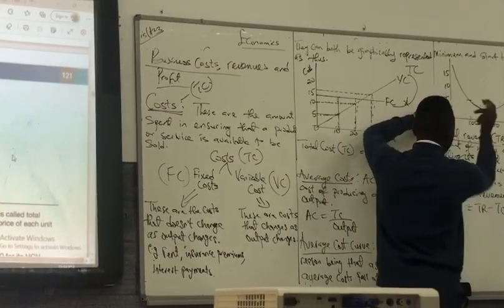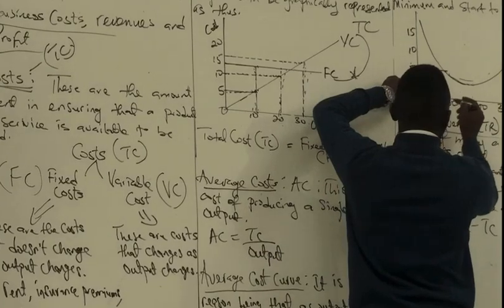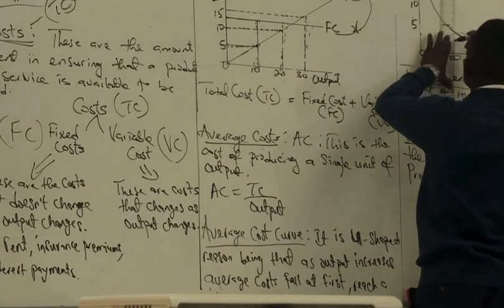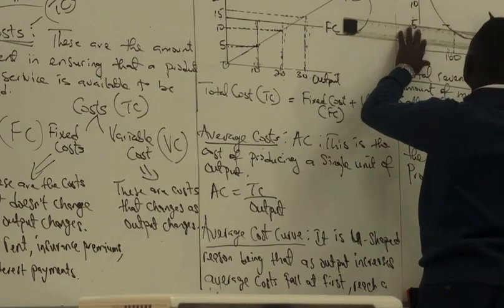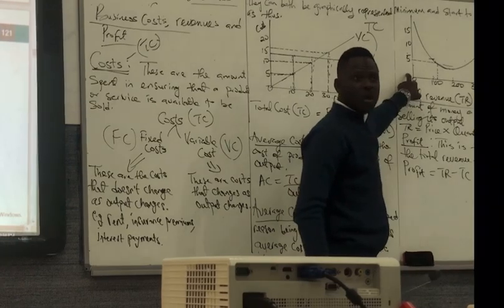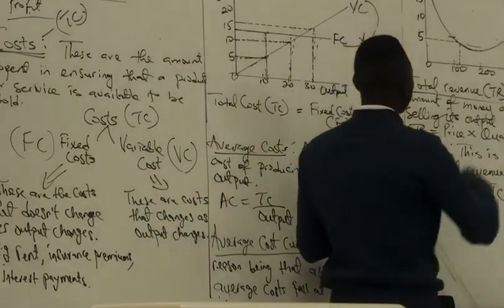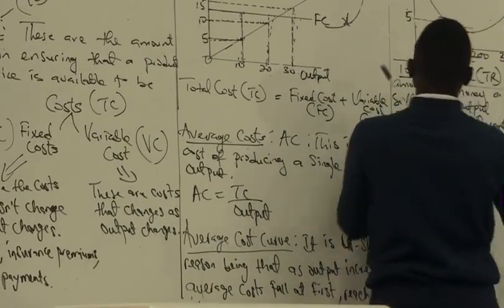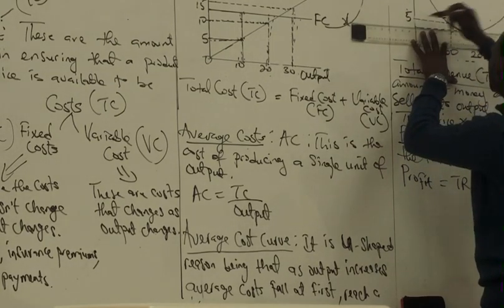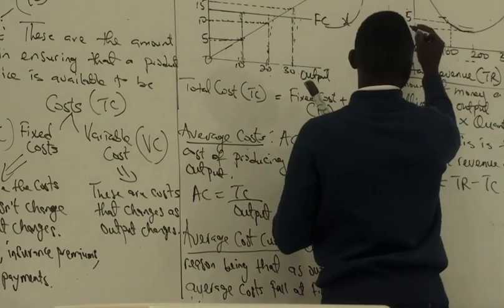That's what I did here. For here, look at it here. At 100 units of output, the average cost is 5, right? Can we see it, please? At 100 units of output, the average cost is 5. As the output increases from 100 to 200, the average cost fell to less than 5.